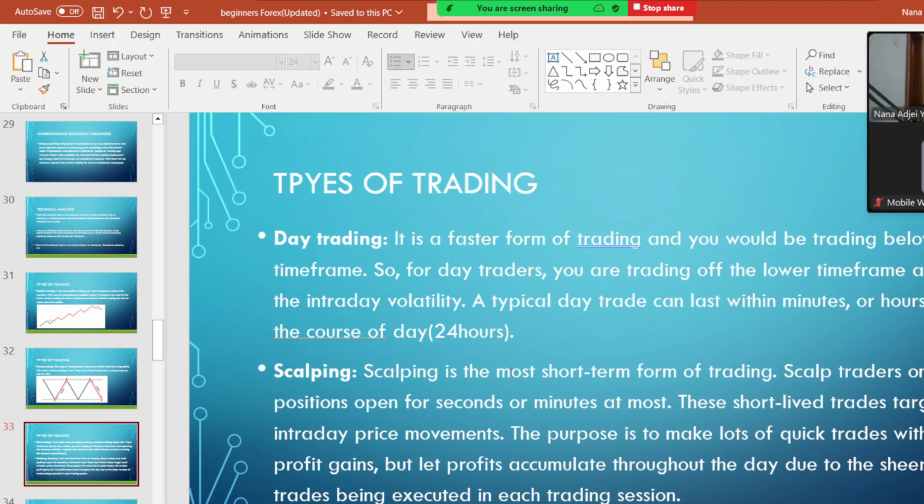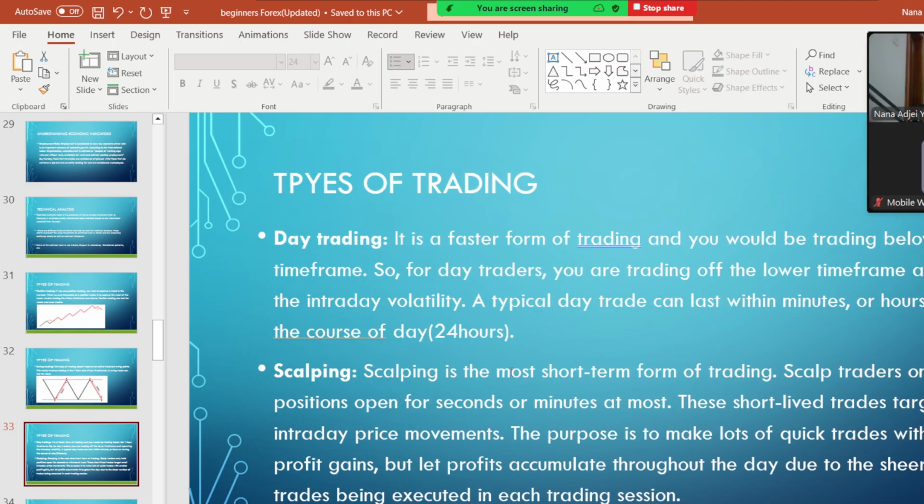So they have short-lived trades, and they target small intraday price movements. The purpose is to make lots of quick trades with similar profit gains, but they let the profit accumulate throughout the day due to the sheer number of trades executed within each trading session. So a scalper can take as many trades as they can within a day, and their trades don't really last for long.